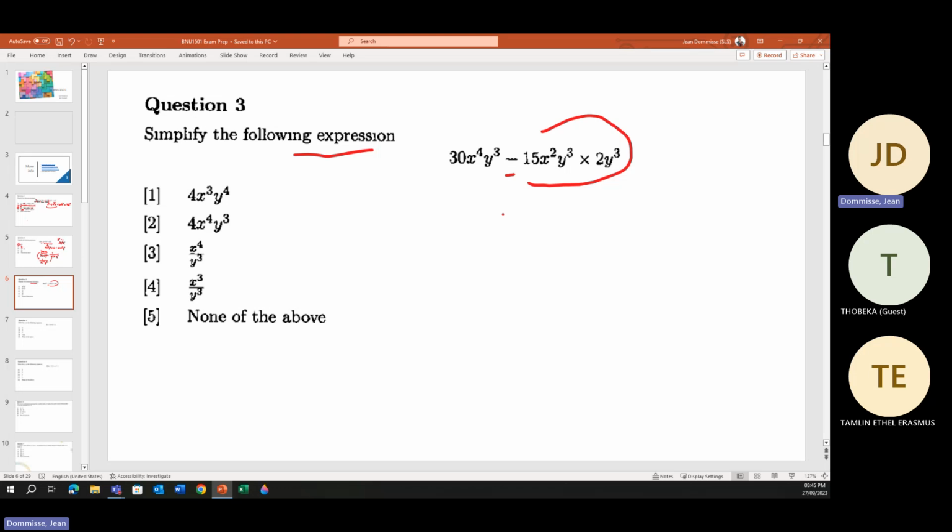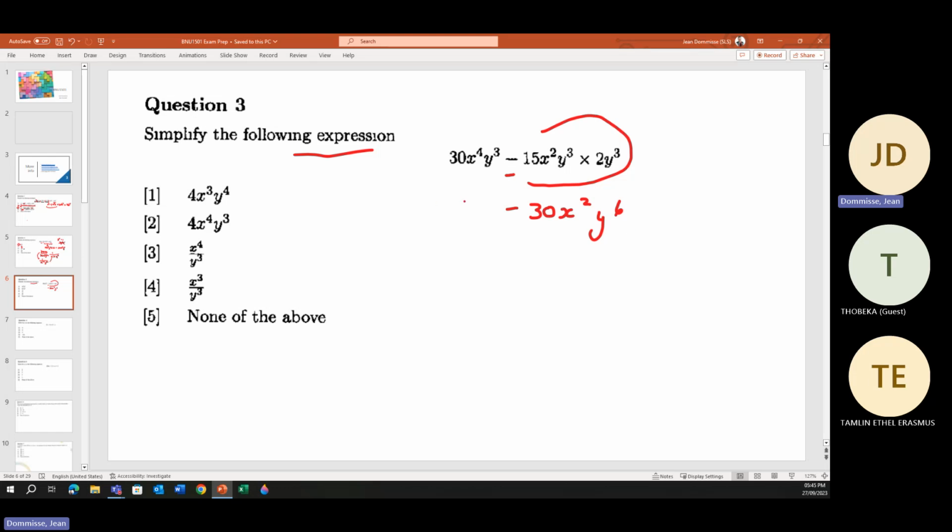So when we multiply the second term and the third term with one another, we get 15 times 2, which gives us the 30. We've got x to the power of 2. And y to the power of 6.